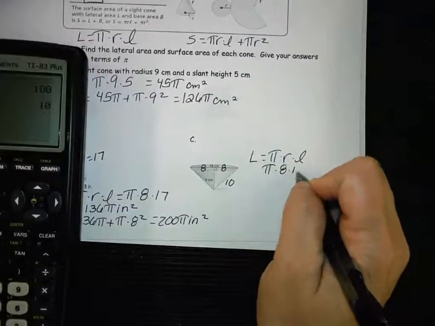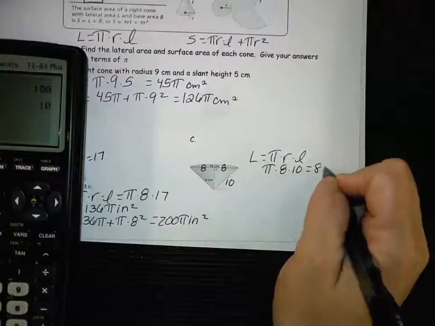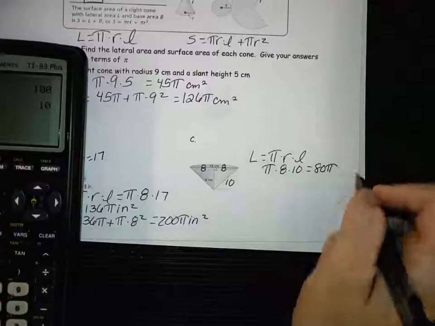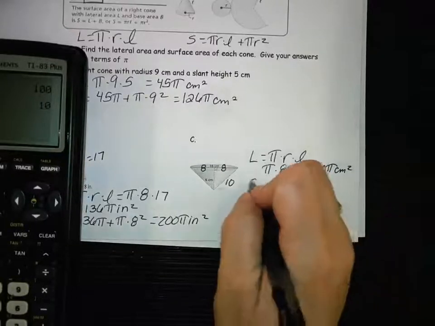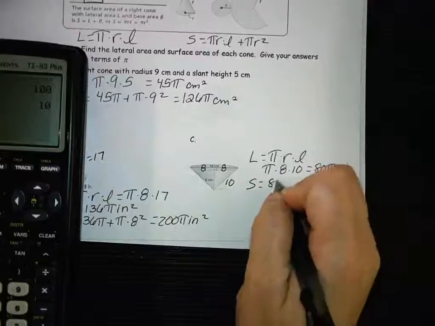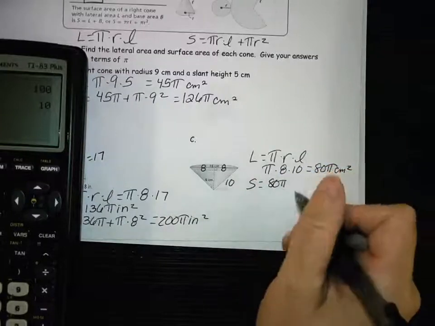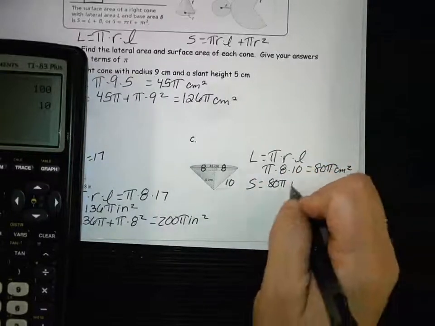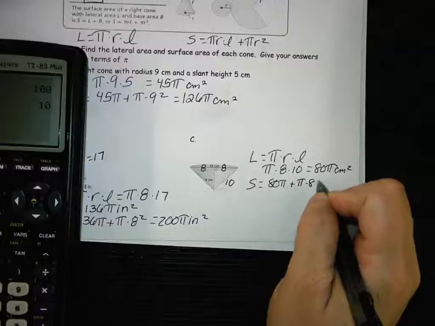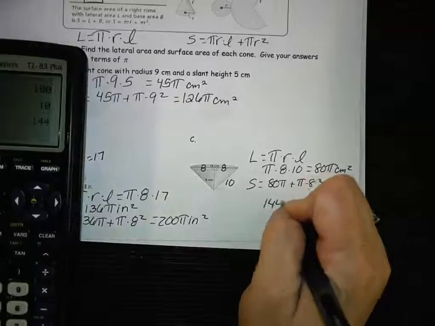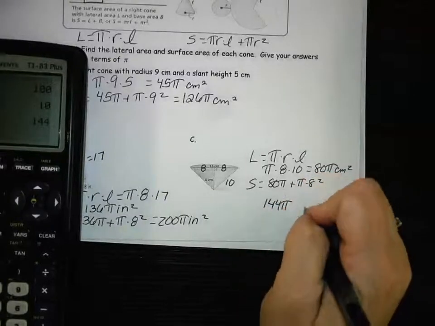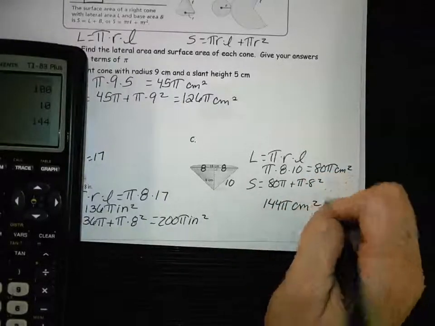So pi times 8 times 10 is 80 pi. And our total surface area, that's our lateral area plus the circle. And when we add those two together, we get 144 pi centimeters squared.